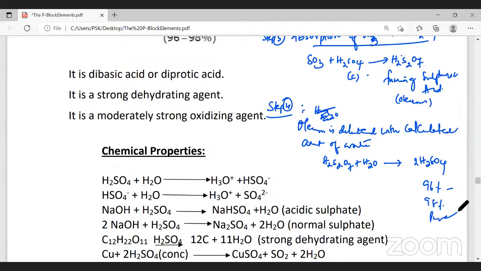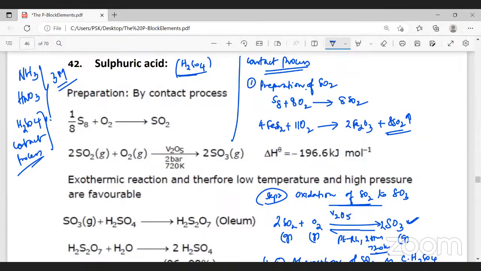So these 3 or 4 steps you should remember in order to write the contact process. The first one, again, repetition: preparation of sulfur dioxide. How can sulfur dioxide gas be prepared?